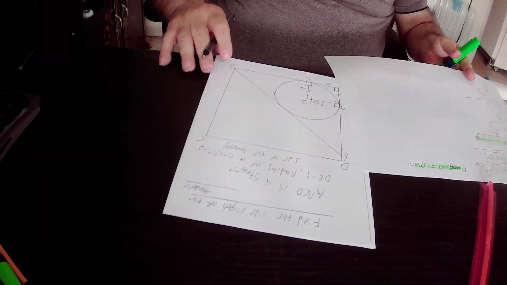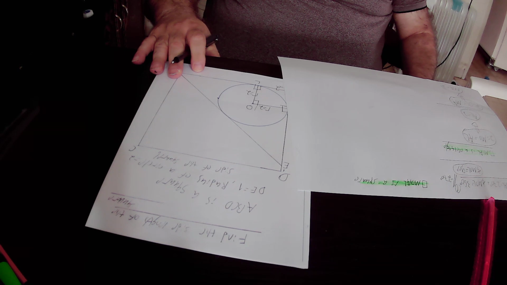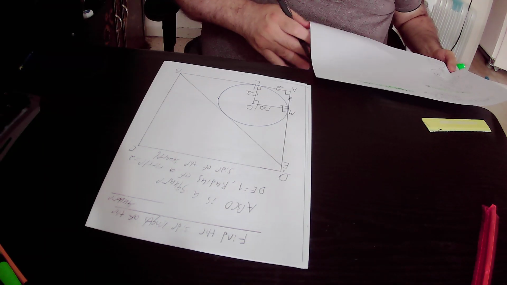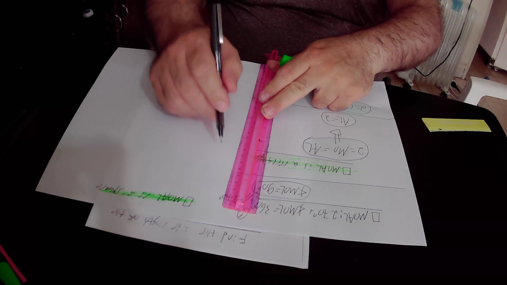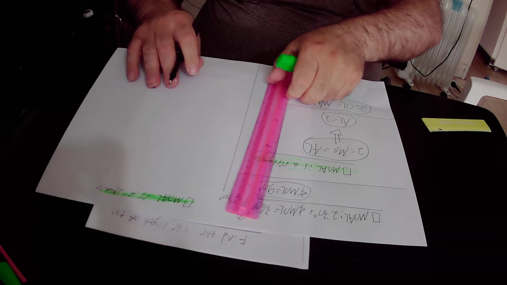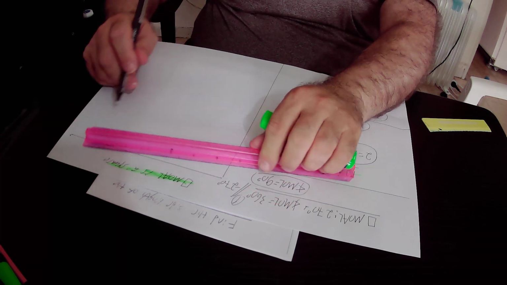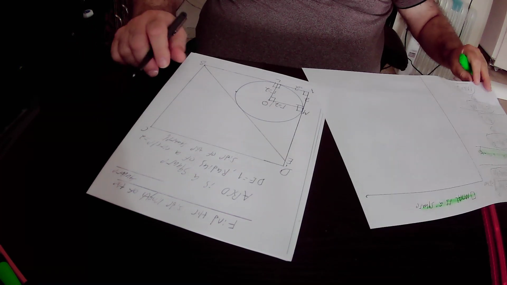Here I will present to you a new rule, rule number 2. According to rule number 2, the lengths of two tangents from a common external point to a circle are equal.